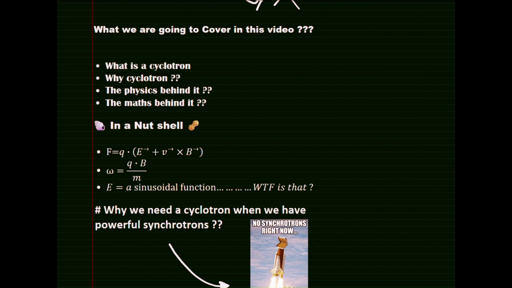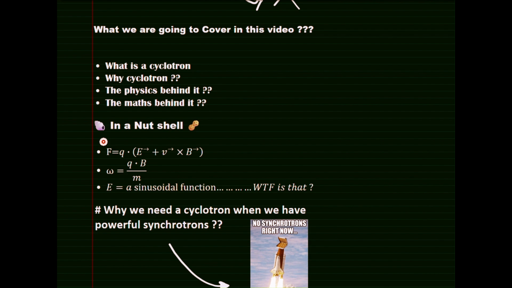And E vector is the electric field vector. V vector is the velocity. And B vector is the magnetic field. So by this formula, we can simply get the force vector which will be acting on that particle in presence of electric field and magnetic field, provided it has some velocity, or it may not have some velocity.